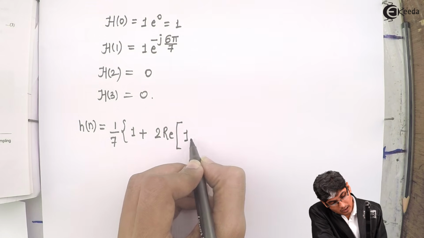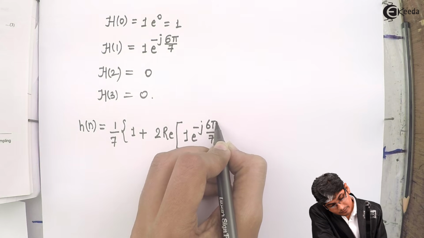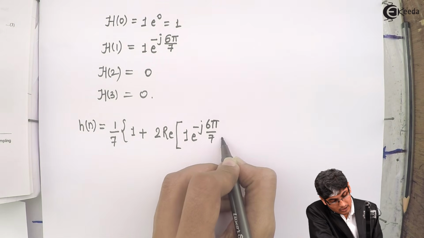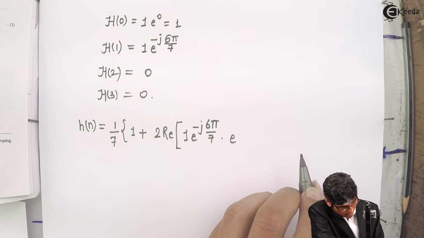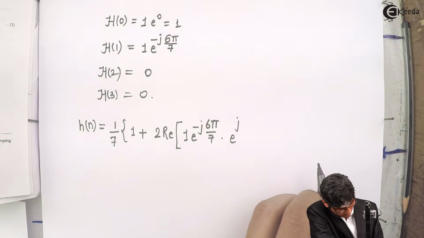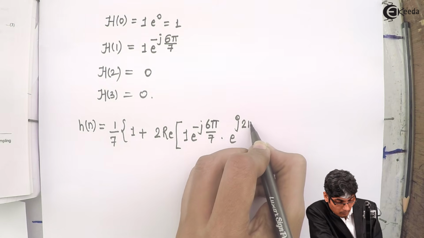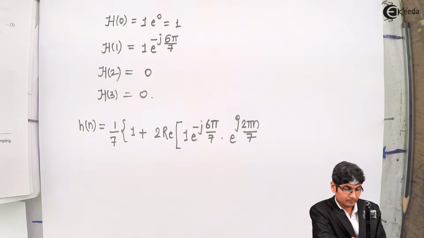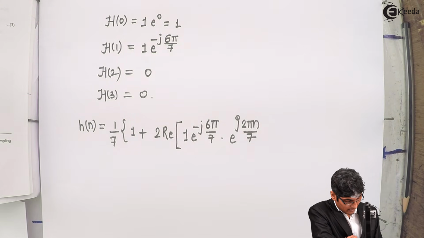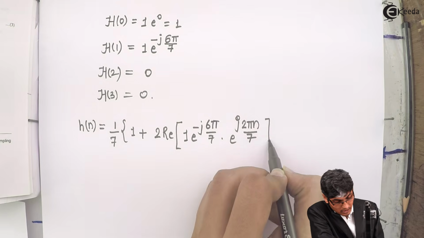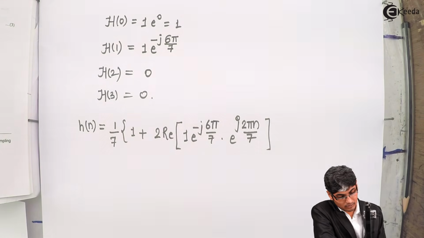So I will get 1 e raised to minus j 6 pi by 7, into e raised to j 2 pi n by 7, because here also k is equal to 1. So I will put 2 pi n by 7, right. The rest of both the terms will go to 0 because their multiplier is 0.